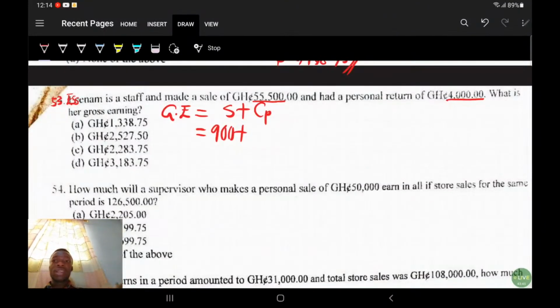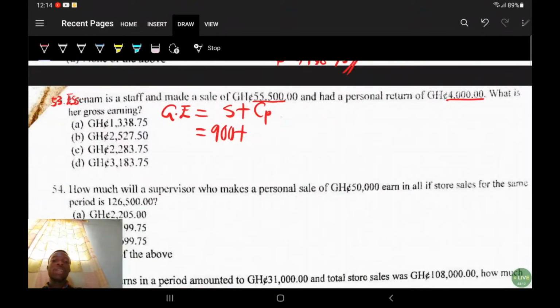So we said that for us to know our commission amount, we subtract any returns from the sales, and then we get our commission amount. You're going to subtract 4,000 from 55,500 before we even start with the quota condition for earning a commission. So once you subtract the returns from the sales, you get the net sales.